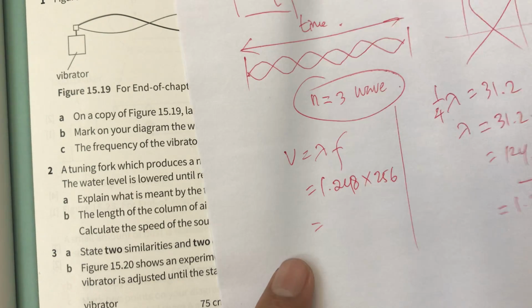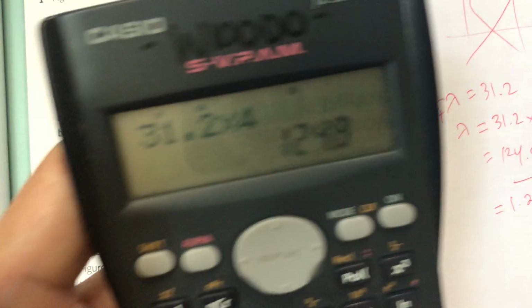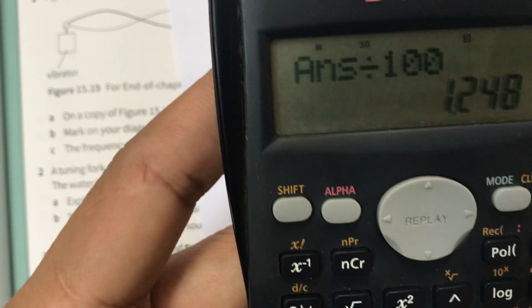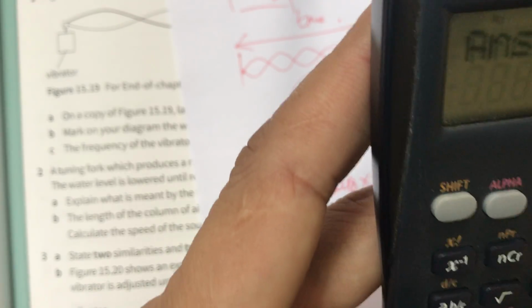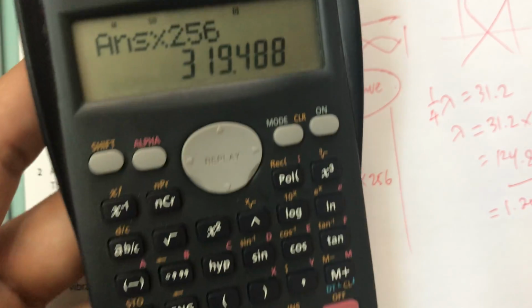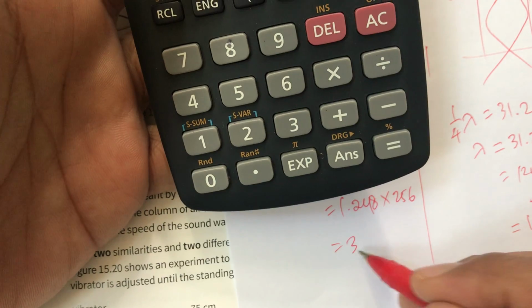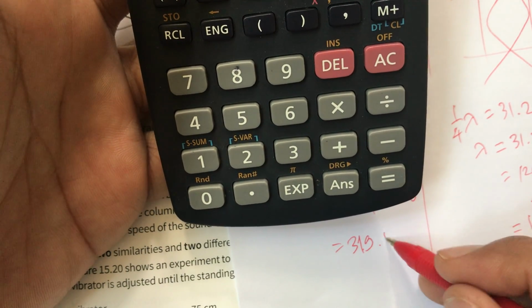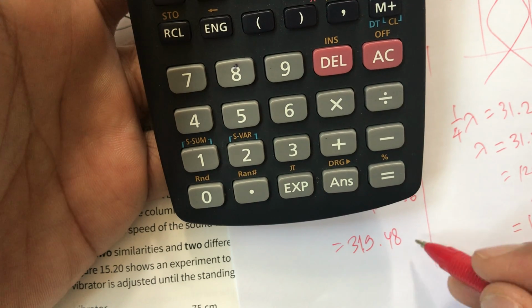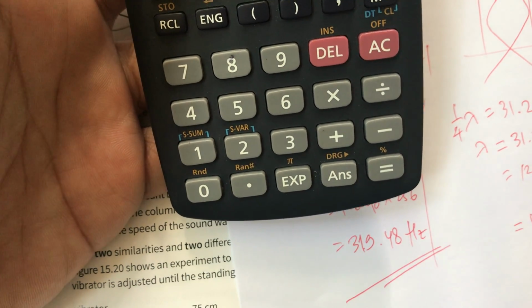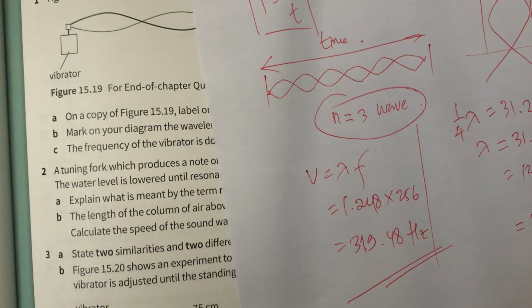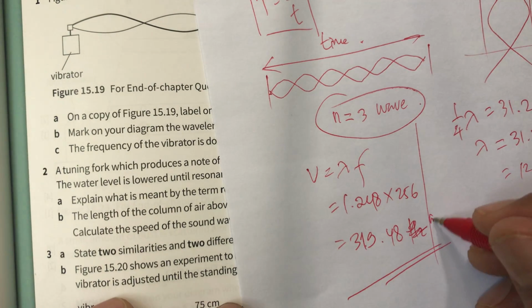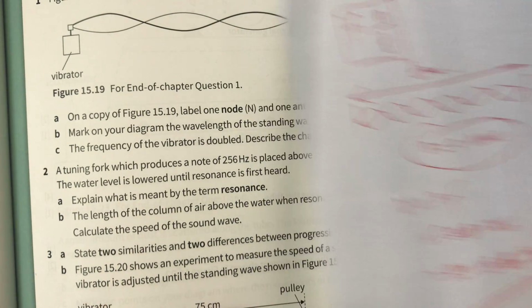If we calculate this, we get 323.2 meter per second. Yes, this is the speed, in meter per second.